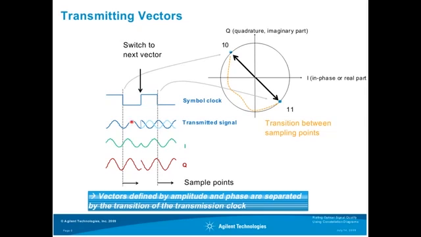And you can see that in between the symbol clocks, there's the switch between the original phase and the phase of the next vector that has to be transmitted. You can see here the I part of the vector and the Q part, how this looks during this transition. So vectors defined by amplitude and phase are separated by the transition of the transmission clock. In this case, we also call this the symbol clock.